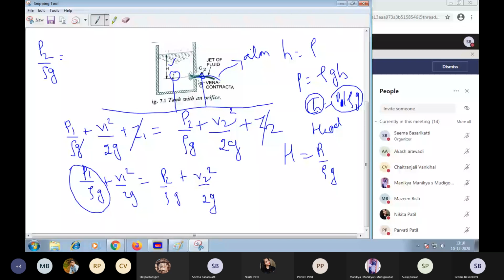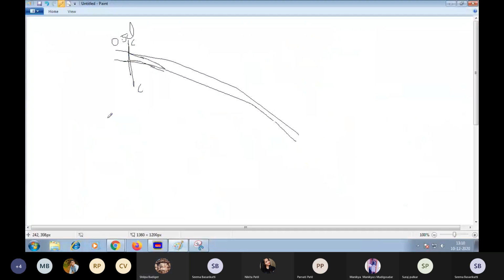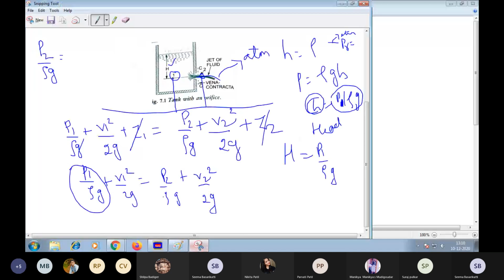So what happens to the pressure if the liquid is in contact with the atmosphere? When the liquid surface is open to the atmosphere, the pressure is equal to 0. So since the second section is open to the atmosphere, P2 by rho g is equal to 0. Understood up till here?